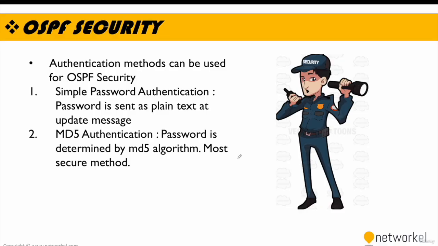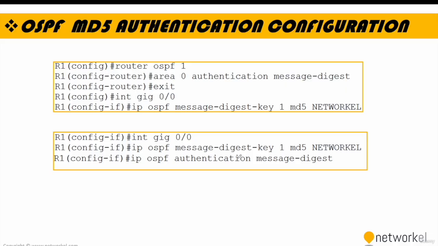to secure OSPF. So how I am doing the OSPF MD5 configuration is like in the screen. I am going to router OSPF and the process ID in config mode. The command is router ospf 1. And then I am typing area and the number of the area, authentication message-digest.